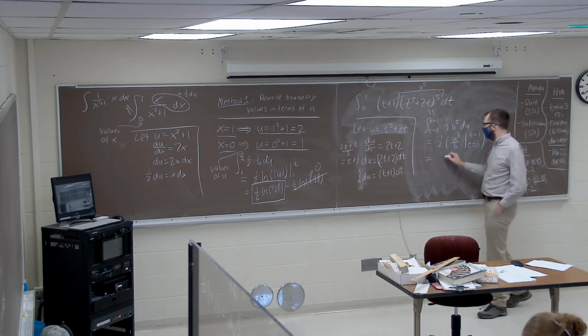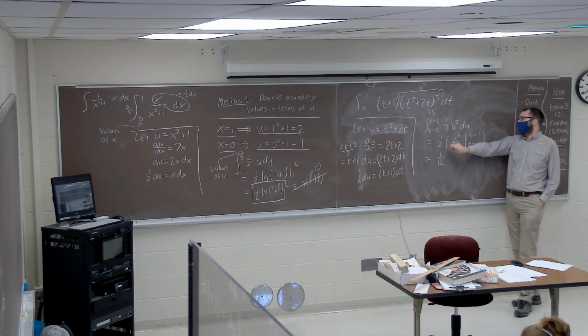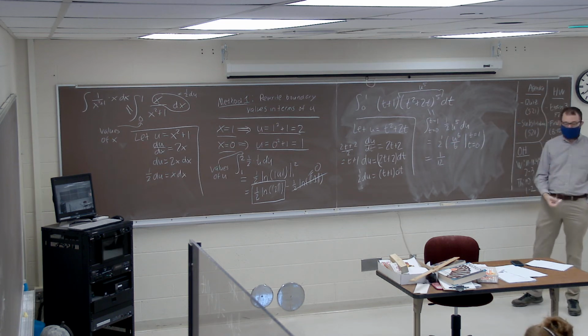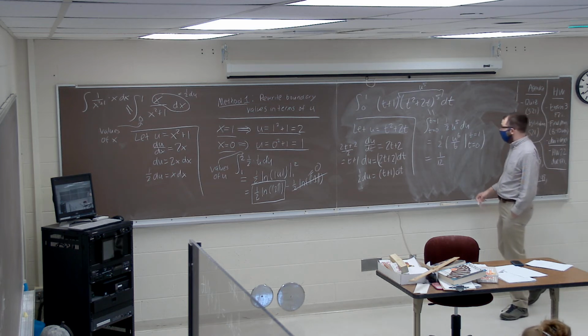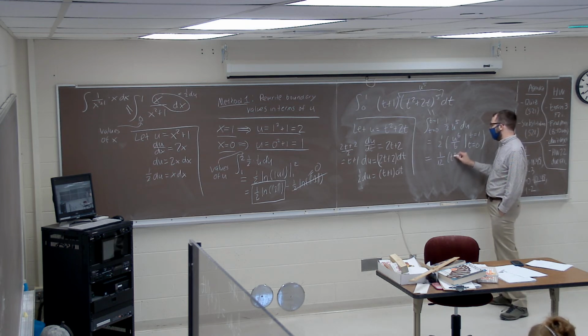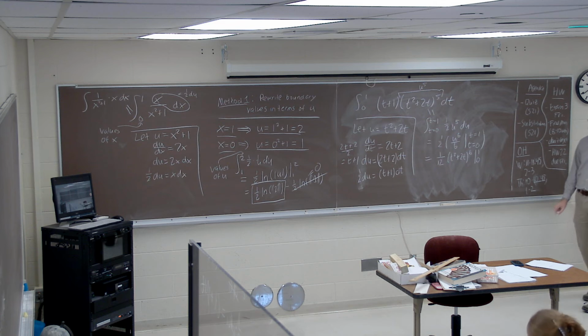So if we rewrite everything in terms of t, I'm going to go ahead and combine the 1/2 and the divide by 6 to get 1/12 out in front. Let's see, u was t squared plus 2t, so I'll have t squared plus 2t raised to the 6th from 0 to 1.